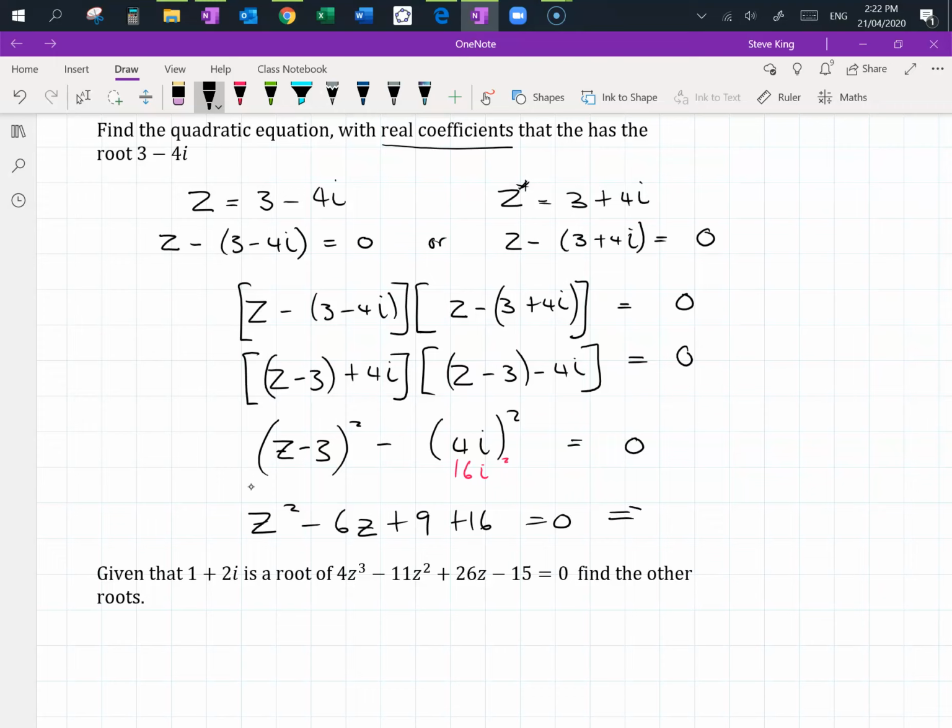And so now I have my equation: z squared minus 6z plus 25 equals 0. There is the equation that will have 3 minus 4i as one of its roots.